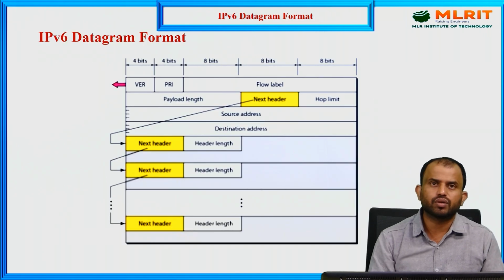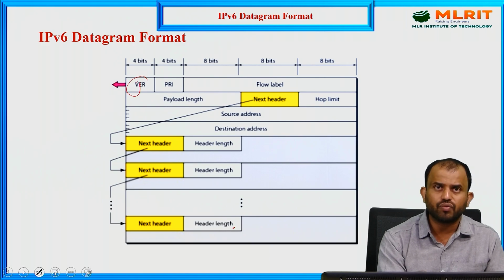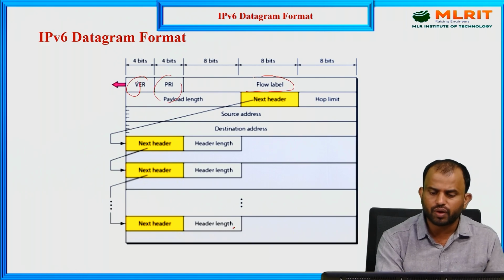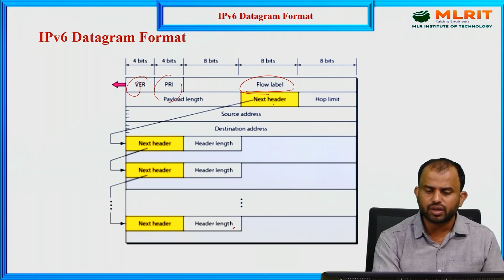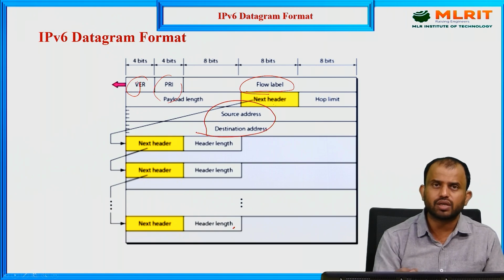And when you see the IP datagram format, as in the previous one, there also we use the version and the header length value. But here we accommodate the precedence value and the flow label value. Here we measure the payload length value. Based upon the payload length value, we can accommodate the next header value as well as the hop limit value. Similarly, we accommodate the source address as well as the destination address.